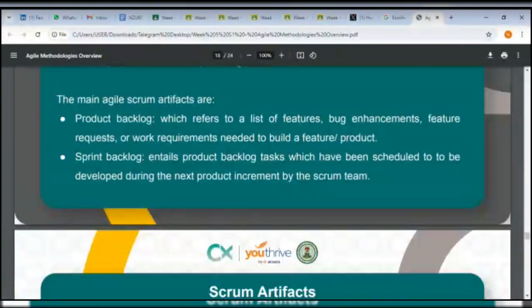So your sprint backlog is now like, for this sprint we've scheduled that we would develop this, and it will be included in our next product increment or improvement.